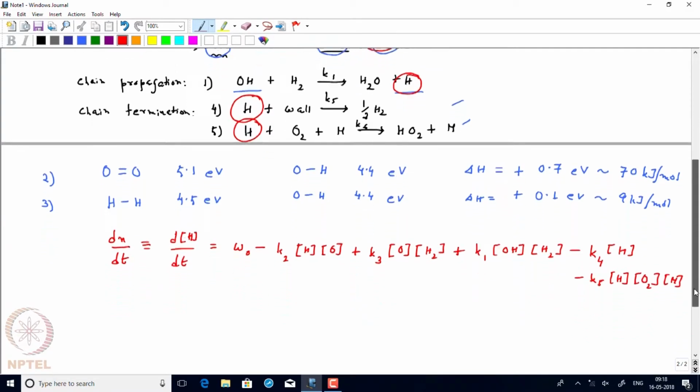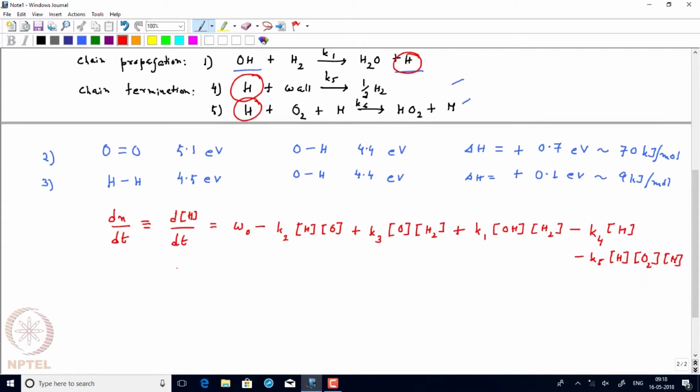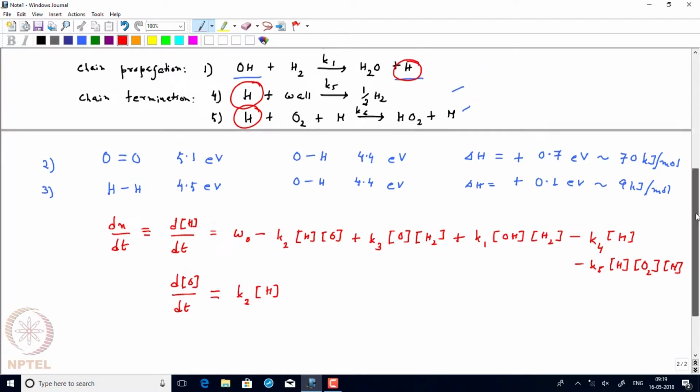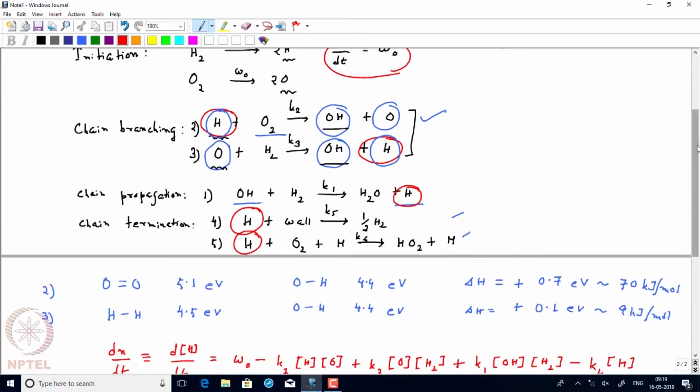Now what are the other two radical species? Those are oxygen radical species, and as I said the oxygen radical concentration will be much less throughout. So which means that we can actually approximate, after considering the energetics which we already discussed, the OO bond cleavage and forming the OH bond simultaneously, that reaction rate will be slower because it is highly endothermic, and that will be wherever you get the oxygen atom forming.